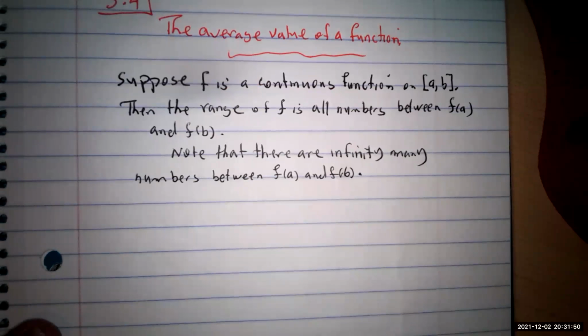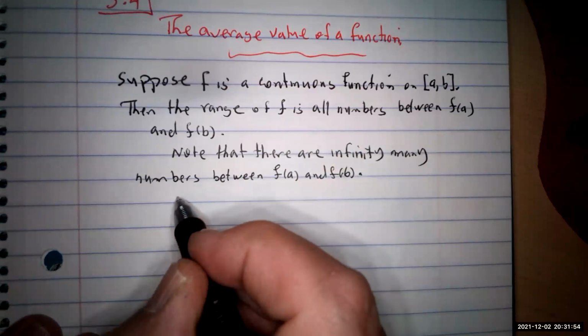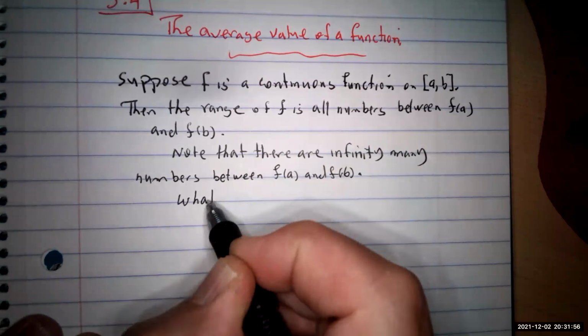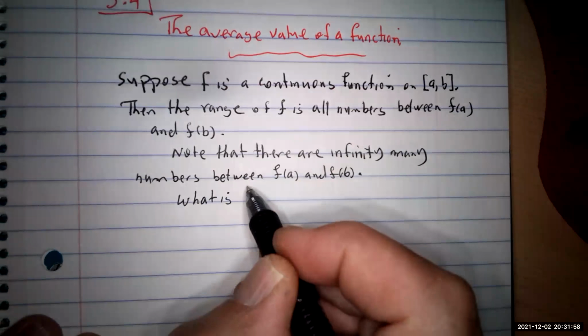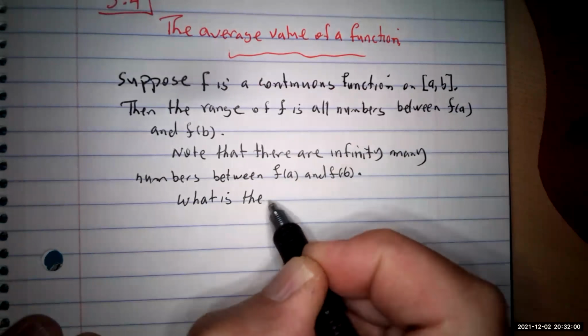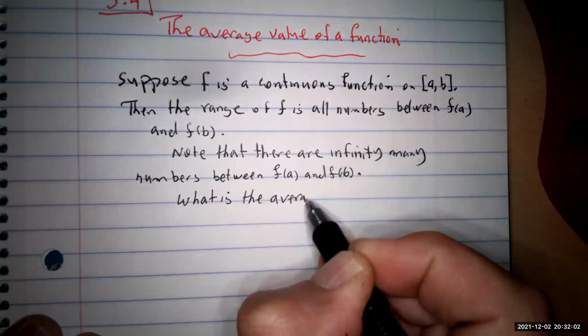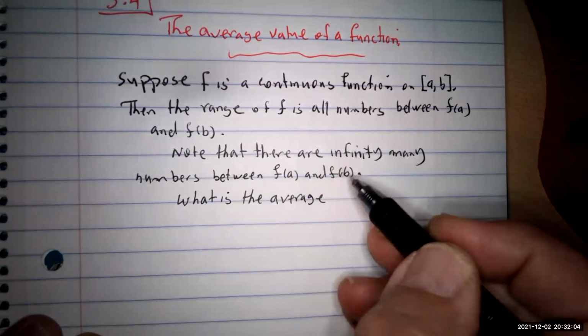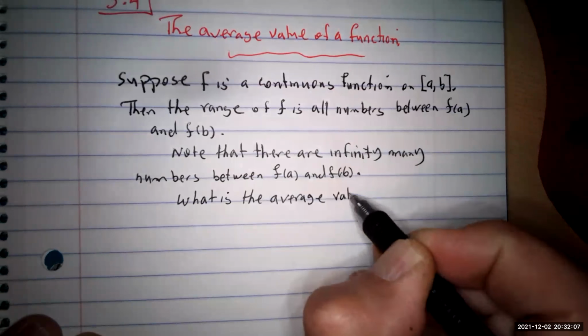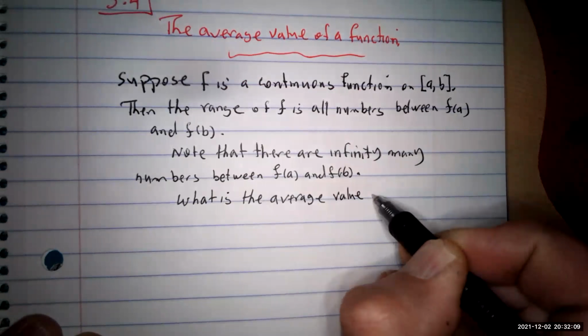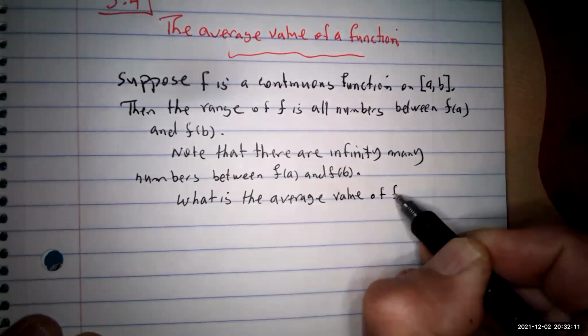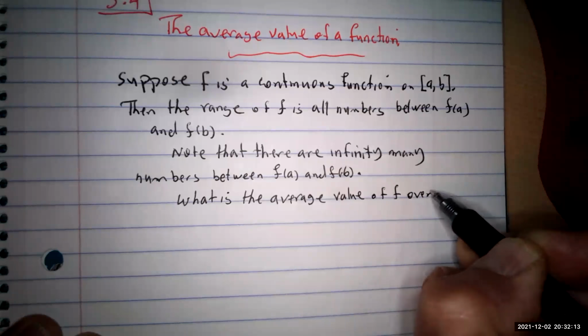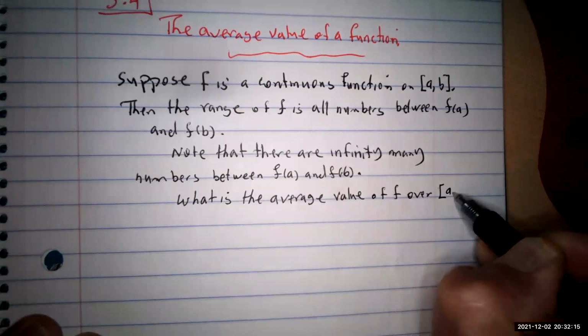Okay, so the question is how we're going to find the average value. So the question is, what is the average value of those numbers of f over this interval?